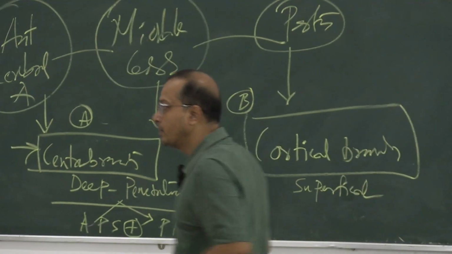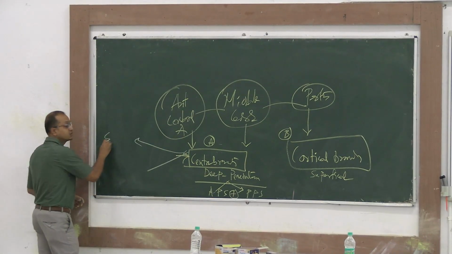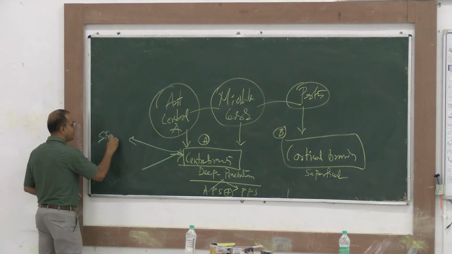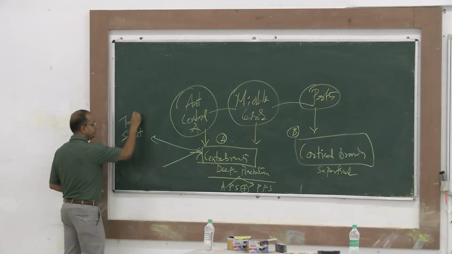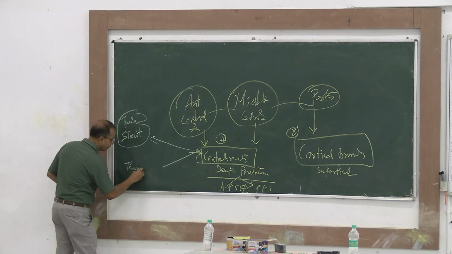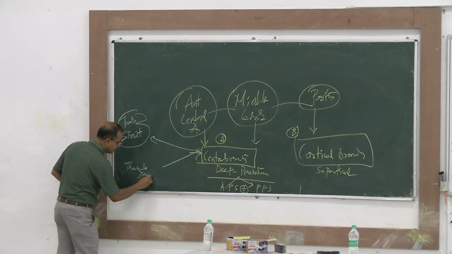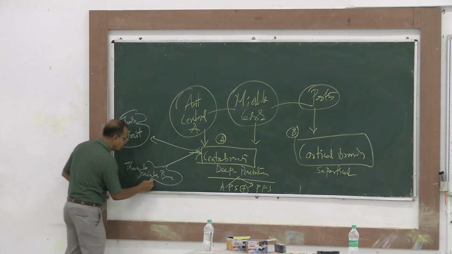How are these branches coming? They come through these particular central arteries. Now these central arteries that we have mentioned are of two basic types: striate branches, or thalamostriate branches, and the second one, the thalamogeniculate branch. These are the two major branches.